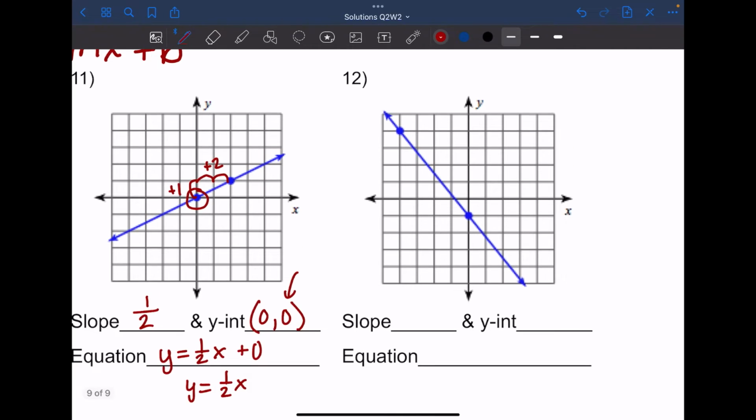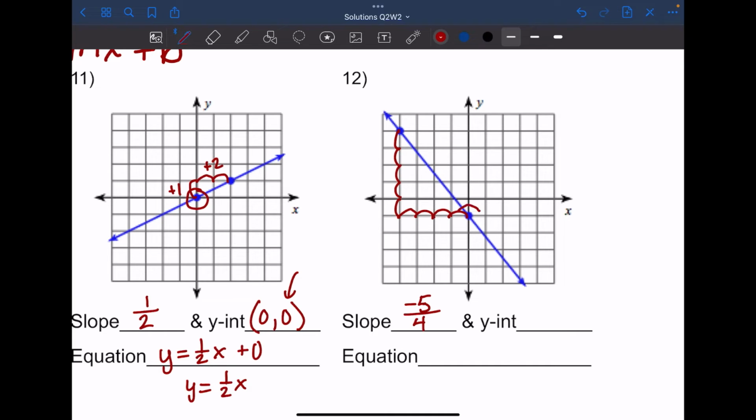All right, so here for number 12, we're going to start from the one on the left, continue to the one on the right. I'm going to travel downwards first, so down 1, 2, 3, 4, 5, and then we need to go to the right. 1, 2, 3, 4. So I went down 5 and to the right 4.